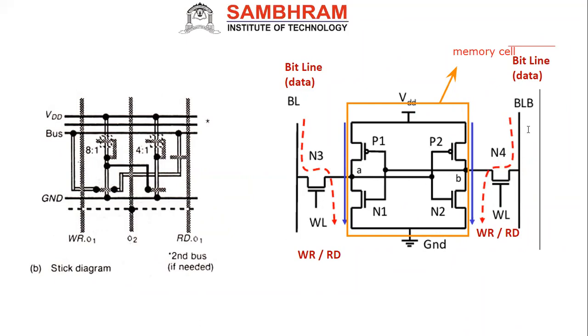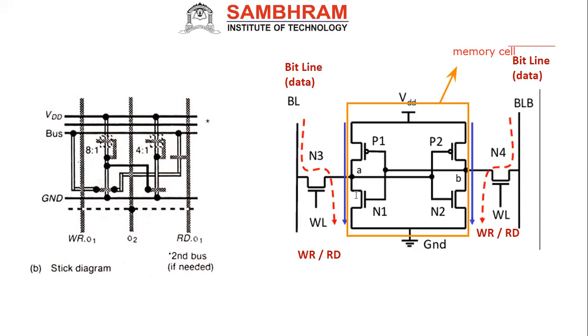See, these are the bit lines actually. These bit lines will act as input or output here. If you are writing, this will be input. If you are reading, this will become output. If the bit line is 1, then the bit line bar will be 0.